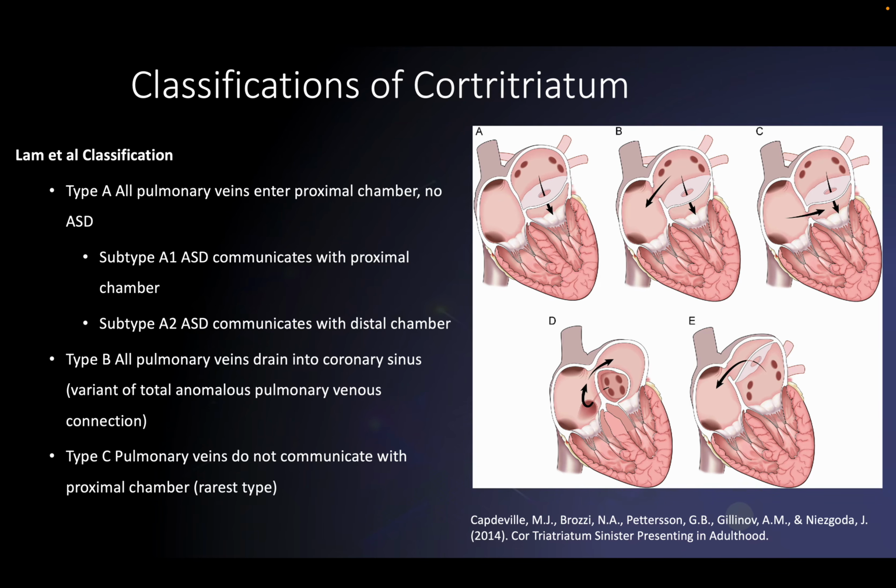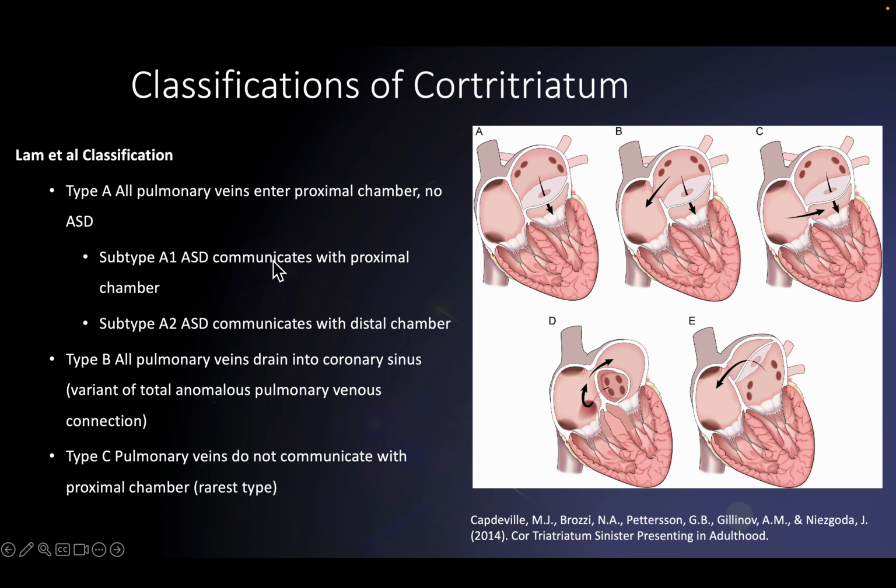And then there is a deeper or a little more elaborate classification of rarer types of Cor triatriatum sinister. Type A is when all pulmonary veins drain into the proximal chamber. You have a membrane, there is no ASD. That's a typical variety, the commonest variety of Cor triatriatum sinister, which I showed you examples of.